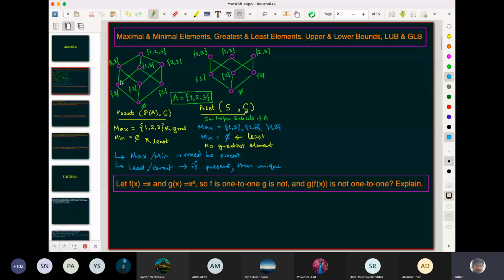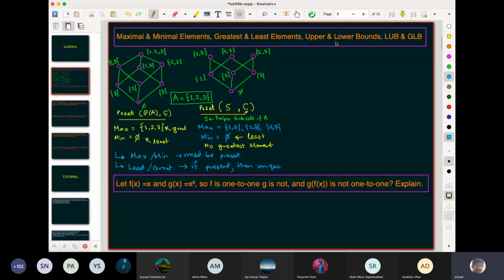So relation does not mean a direct path. A direct path is the cover. Relation means if there exists a path through which you can reach from one element to the other. Here you see there is no path to reach from 2 to 1, 3, right? Agreed? Yes, sir.